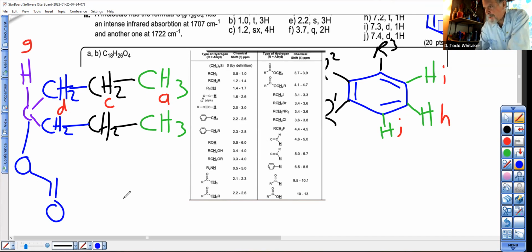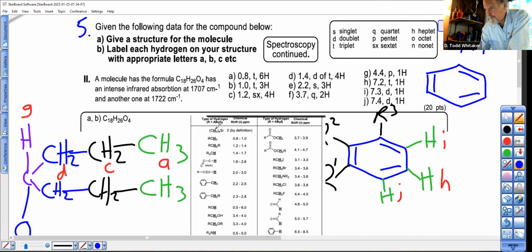And now we got to talk about some other cool information. We totally didn't even read this. Now, infrared spectroscopy is not part of this course except for this one fact. We use it a lot in Orgo lab, and we don't start that till the second half of the semester.